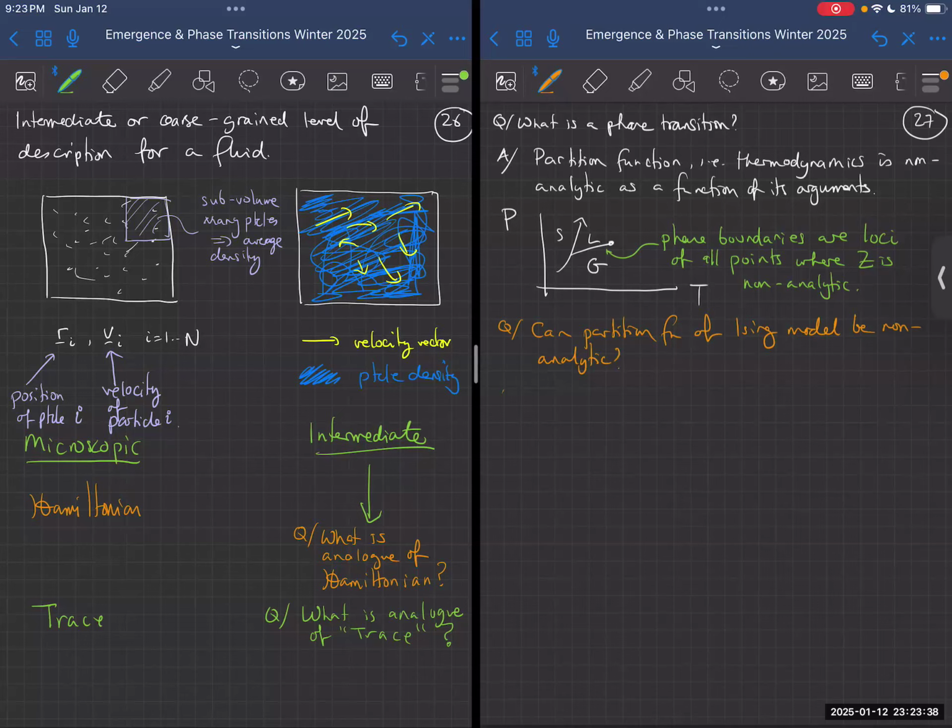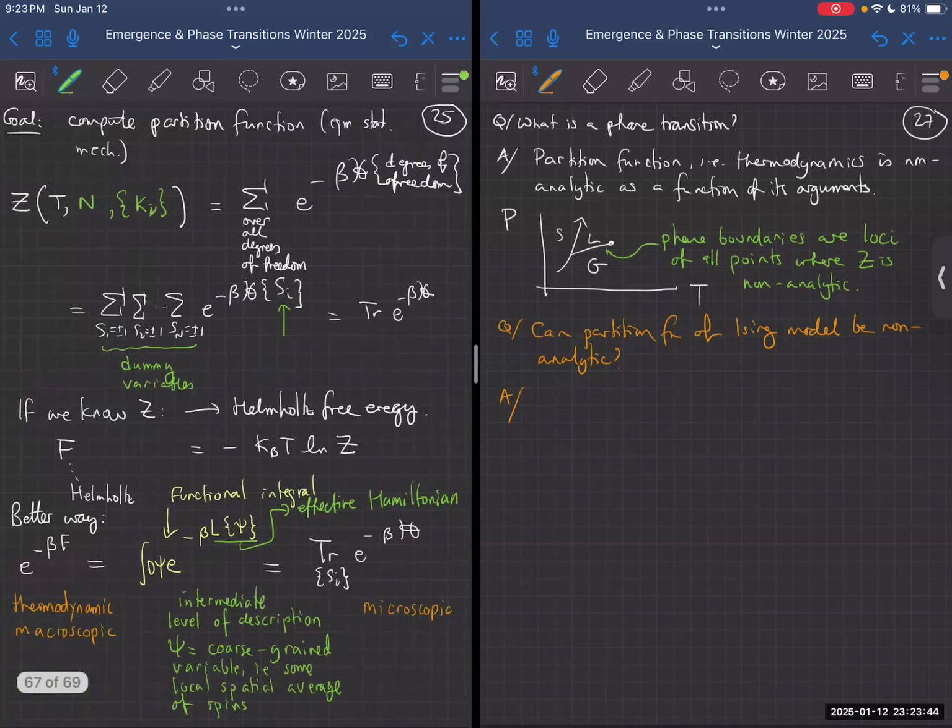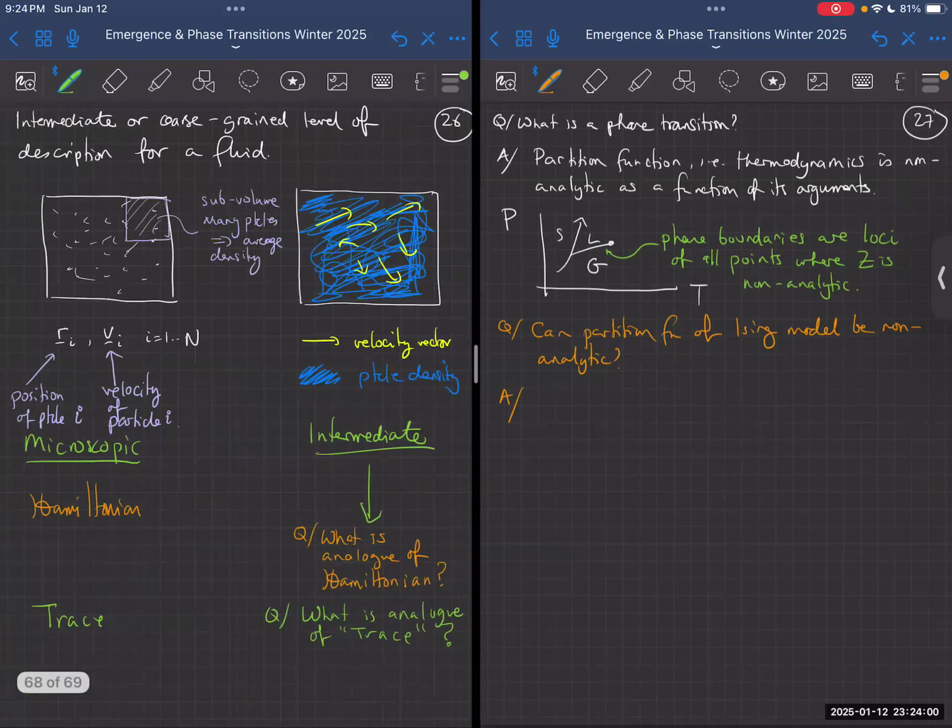So let's think about this. We know how to construct the partition function. The partition function is written down over here in the middle of the page on the left-hand side of the screen, and it's basically just a sum of exponentials. In fact, it's a sum of 2 to the n terms of different exponentials of a bunch of variables.